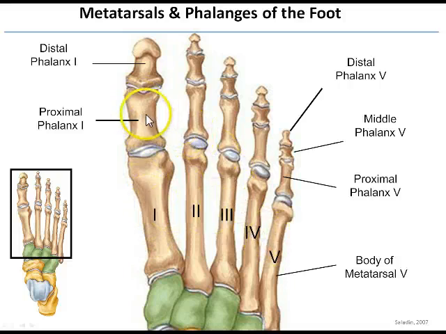Therefore, the first phalanx is located within the big toe. Again, just like the hand, we have 3 rows of phalanges within the foot. We have a proximal row, a middle row, and a distal row in the most extremity of the toes. Note that the big toe, just like the thumb, only consists of 2 phalanges and therefore has a proximal and distal phalanx only.